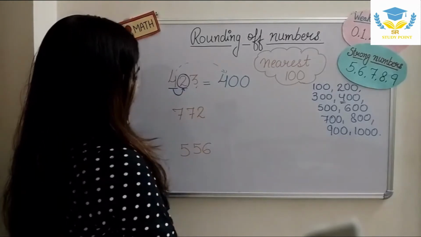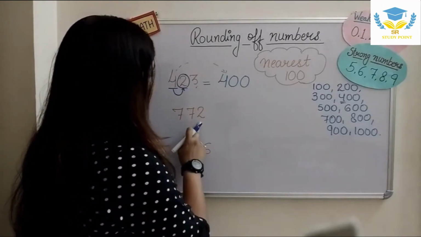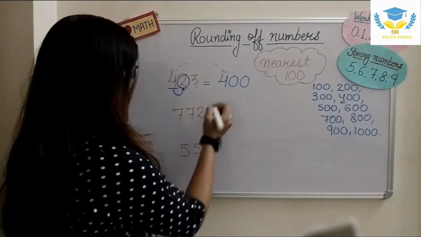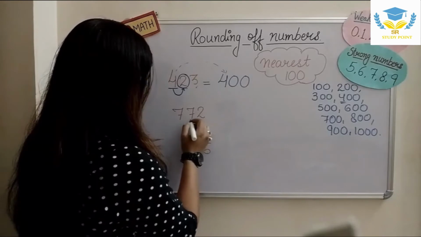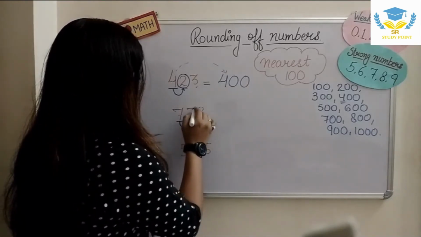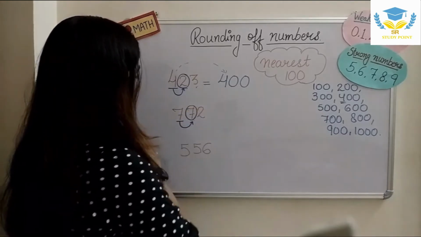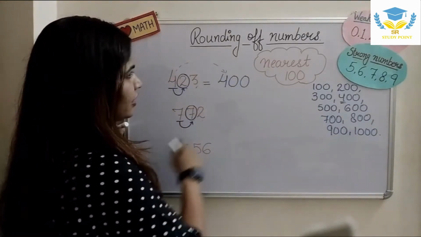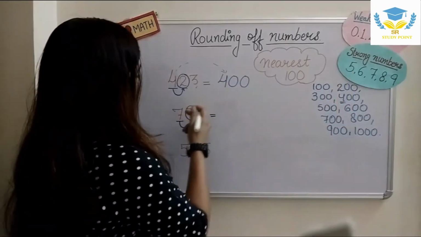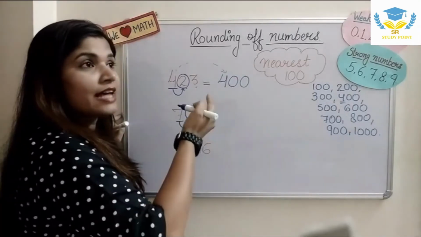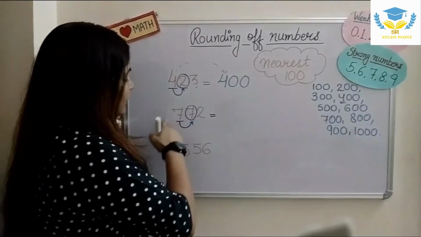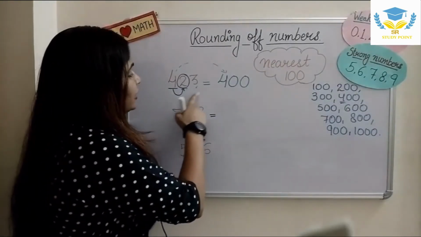Let us move to the next number. The next number is 772. Again, we have to identify the number at the 100 place. Ones, tens, 100. And we are going to circle the number next to it on the right side, that is 7. And 7 belongs to the strong numbers. A strong number is one which has the power to push this number to the next value.